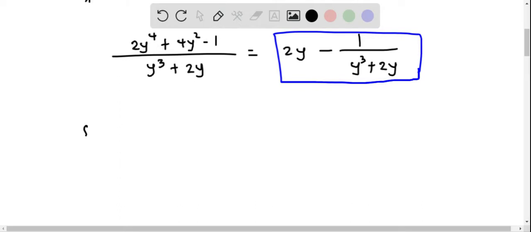Now let's do step 2. In step 2, we are going to use the method of partial fraction decomposition to rewrite this proper rational function as a sum of partial fractions.